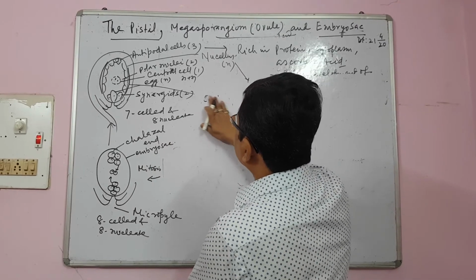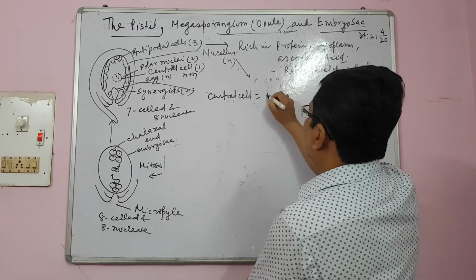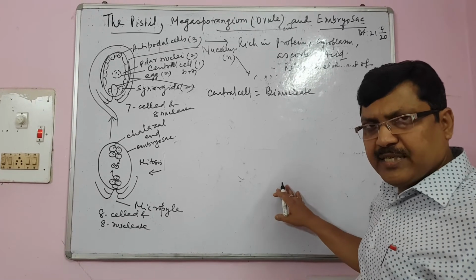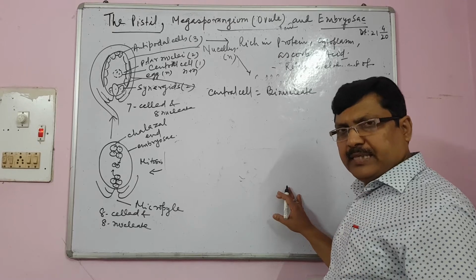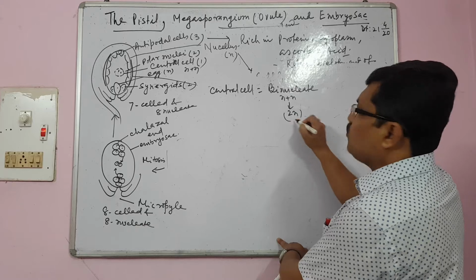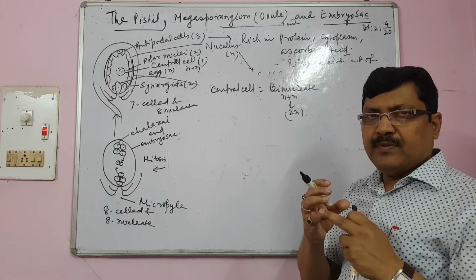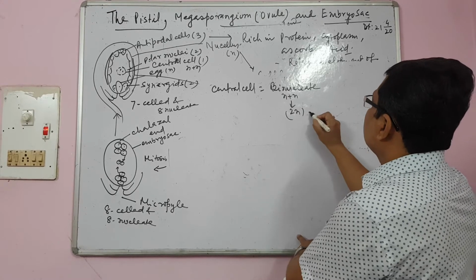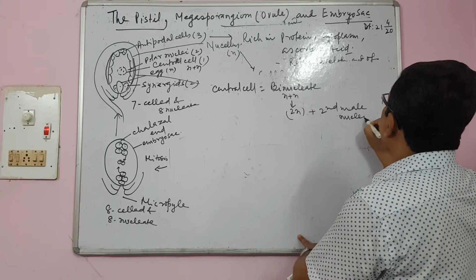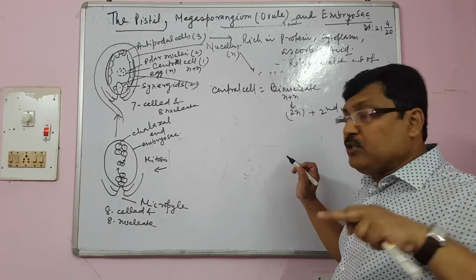The central cell is binucleate, and when double fertilization takes place, both n plus n nuclei fuse to form a 2n nucleus, and the big central cell fuses with the second male gamete running within the pollen tube.